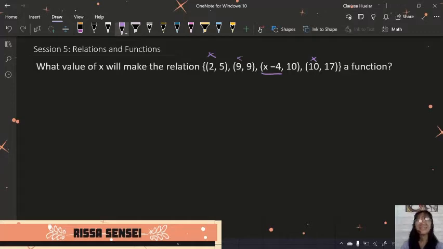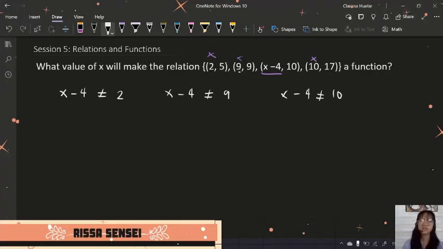So, anong gagawin natin? We will make a mathematical sentence. So, we have x minus 4 must not be equal to 2. X minus 4 must not be equal to 9. Then, x minus 4 must not be equal to 10. Kasi sa mga exams, may mga ganyang question.